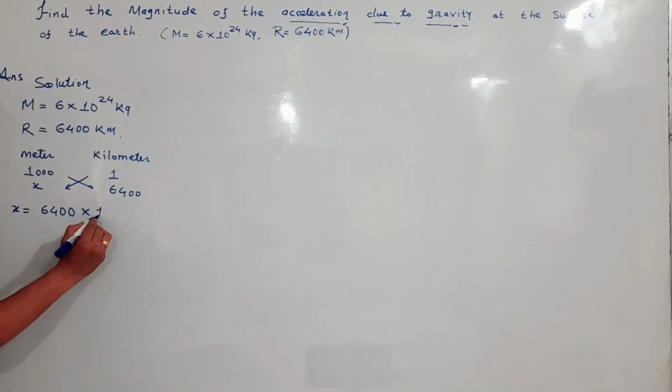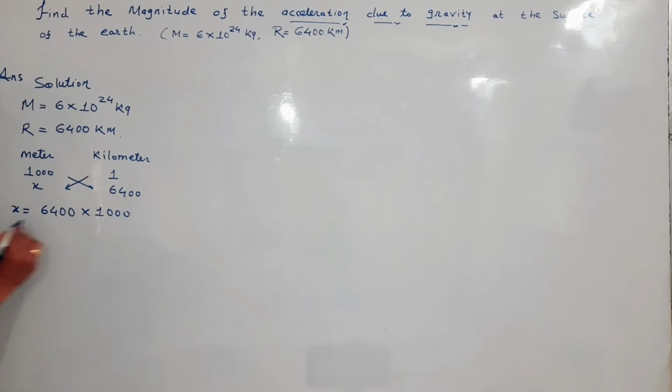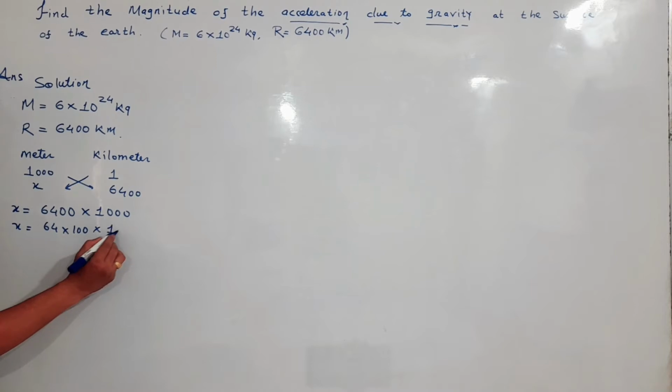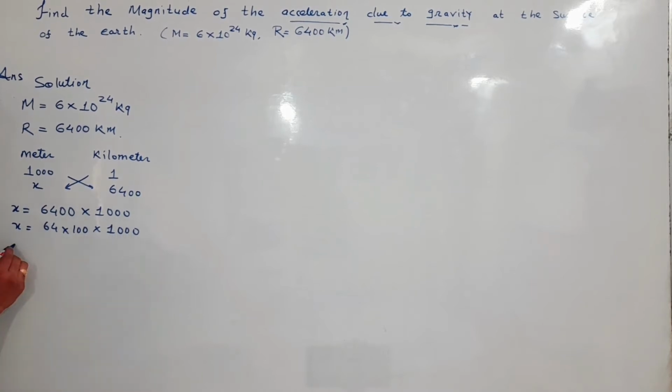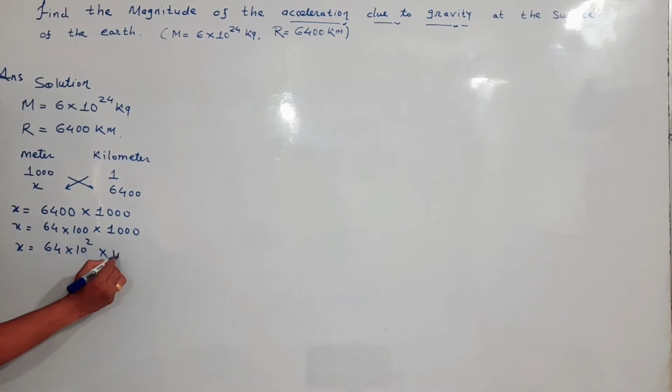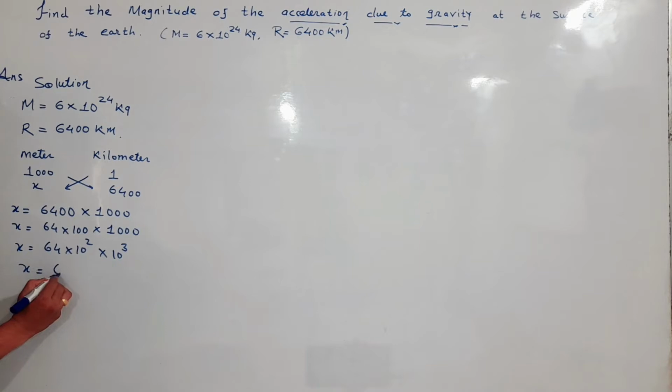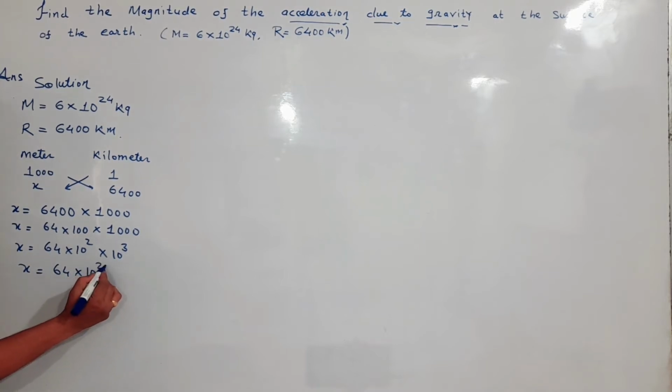6400 into 1000. X is equal to 64 into 100 into 1000. X is equal to 64 into 10 square into 1000. X is equal to 64 into 10 to the power 2 plus 3 we can write.